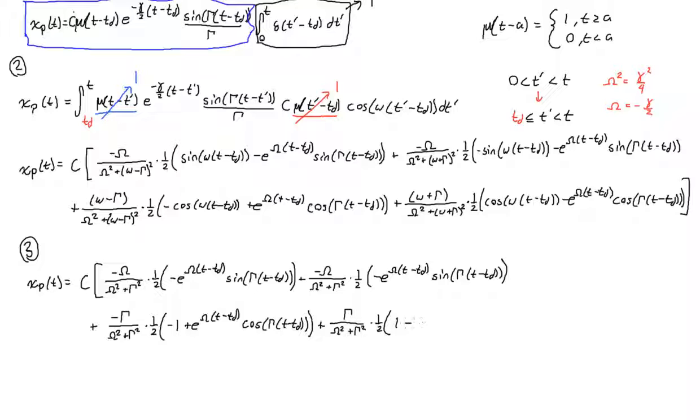Then we'll have a 1 minus exponential t minus t sub d. We're almost there. Cosine gamma t minus t sub d. And there's all that.